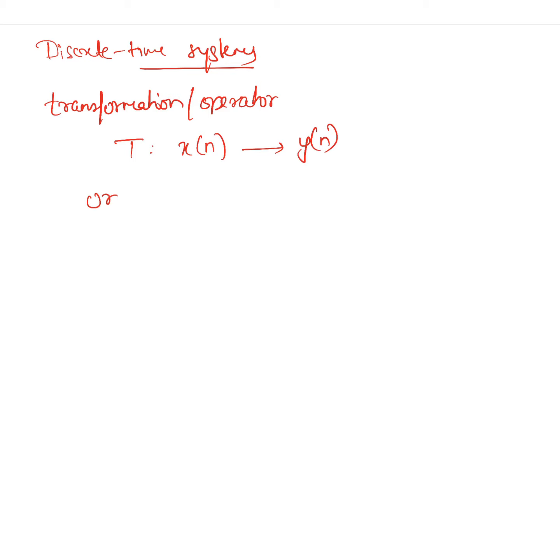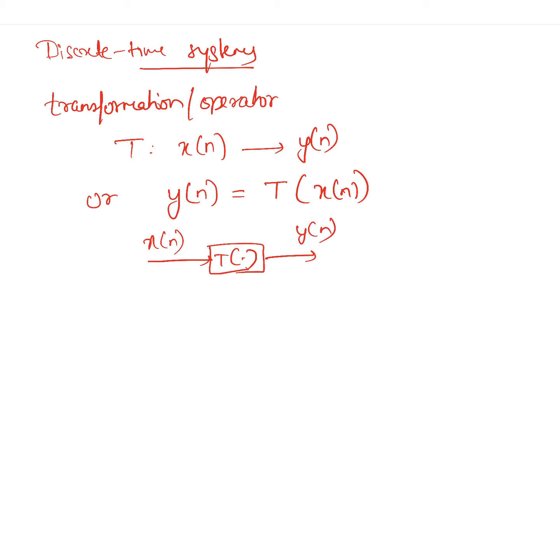We also represent this by the equation: y of n is equal to T, which is a function of x of n. Okay, and the block diagram representation is that we apply an input x of n and we get the sequence with values y of n. Okay, so this is how we generally define a discrete time system.